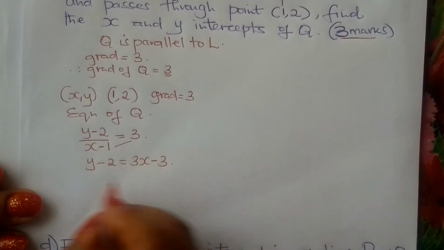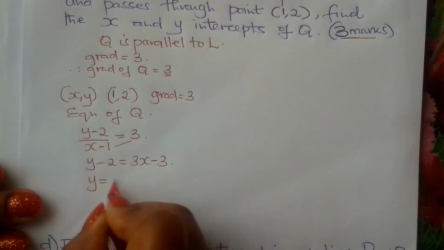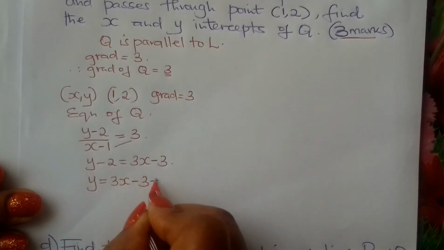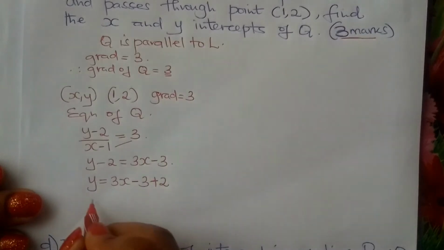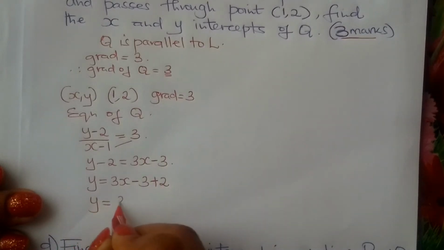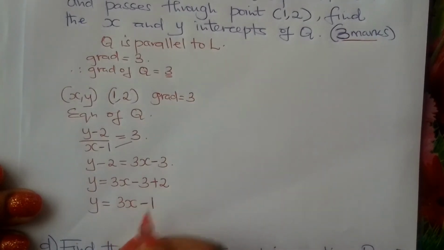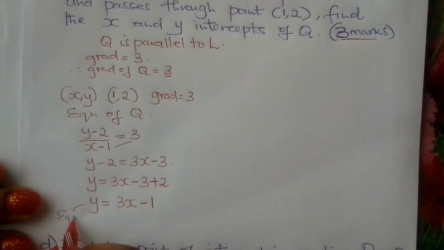Take minus 2 to the other side. You get y is equals to 3x minus 3 plus 2. And therefore, learner, y is equals to 3x minus 3 plus 2 gives you minus 1. So this is the equation of Q.